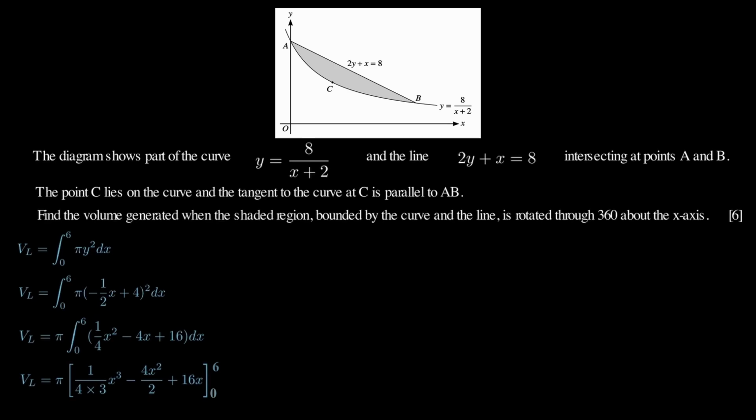And then plus 16, which just becomes 16x when integrated. All of these are between the lower boundary of 0 and 6. If we simplify within the bracket, we get V_L equaling pi multiplied by 1/12 x cubed minus 2x squared plus 16x from the lower boundary of 0 up to the upper boundary 6.